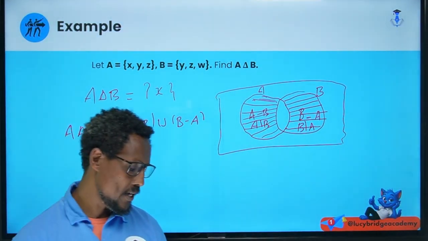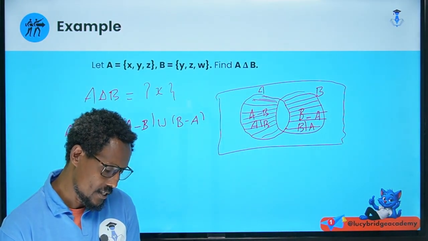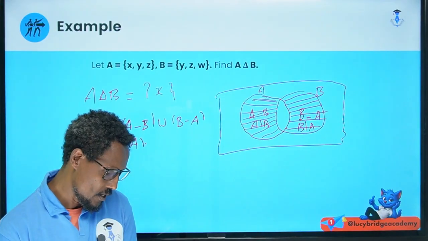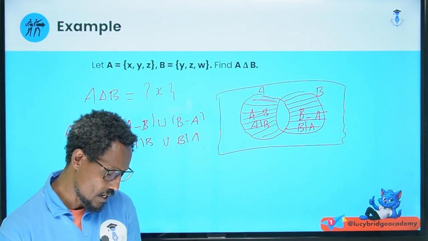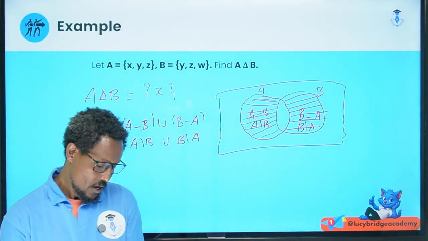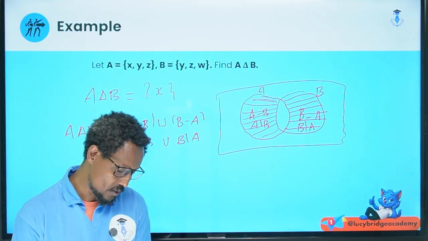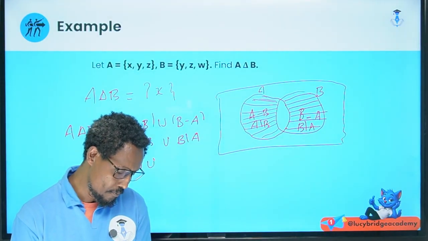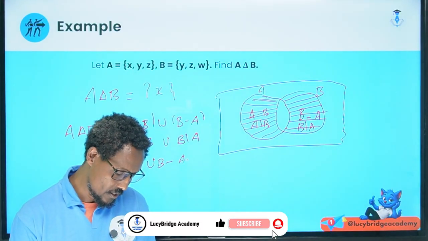Or A symmetric difference B means the union of the two circles, which means A union B minus their intersection, A intersection B.